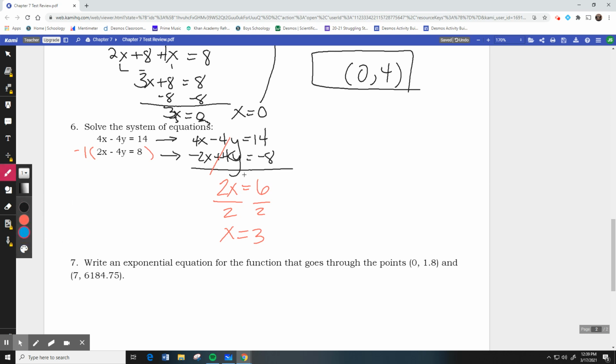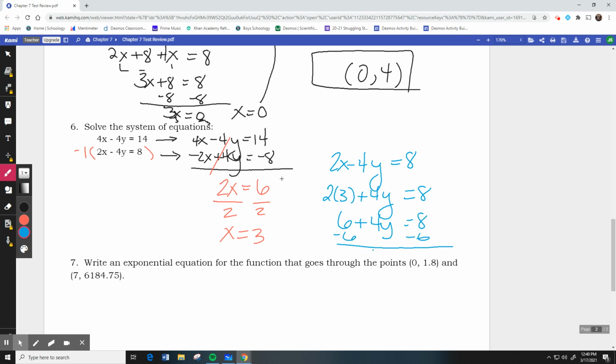I think I'll pick the bottom equation just because the numbers are smaller and easier to do in my head. So I have 2 times 3 plus 4y equals 8. So that's 6 plus 4y equals 8. And then I would subtract the 6 and get 4y equals 2. I said y but wrote x.